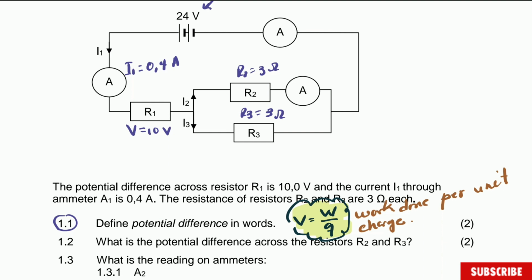What is the potential difference across the resistors R2 and R3?